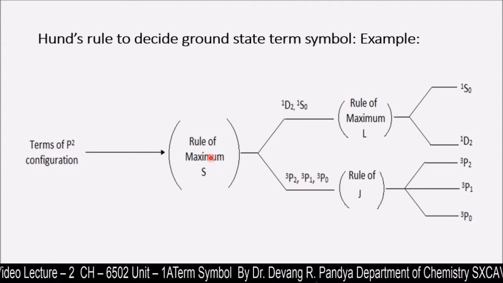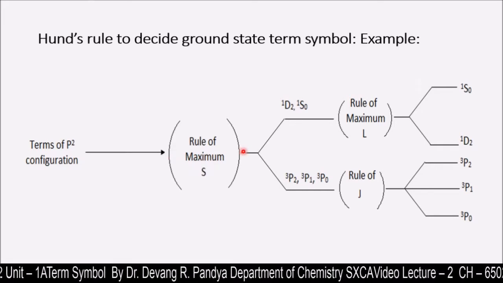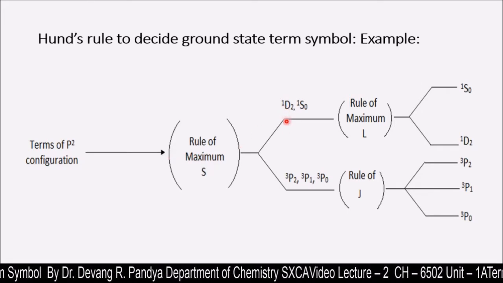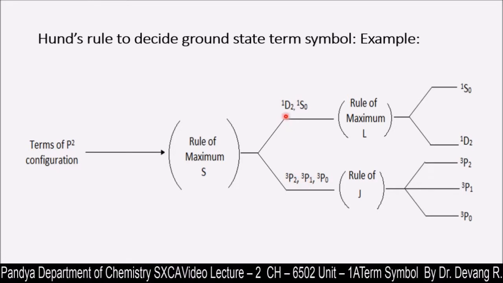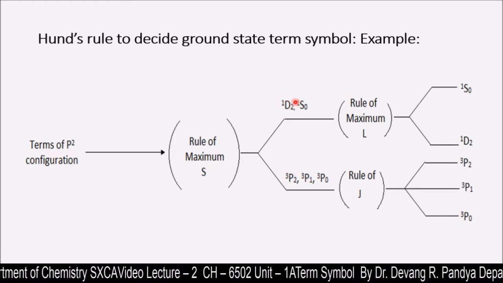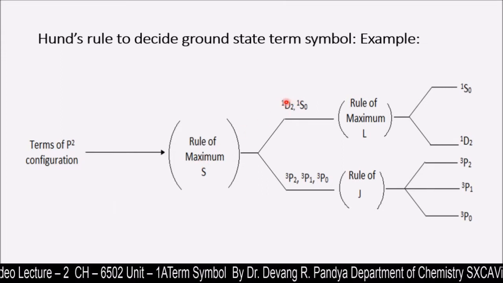So this rule of maximum S helps us to arrange the singlets into higher energy level and triplets into lower energy level. Now here the singlets have similar spin multiplicity, so rule 1 will not be applicable for this.